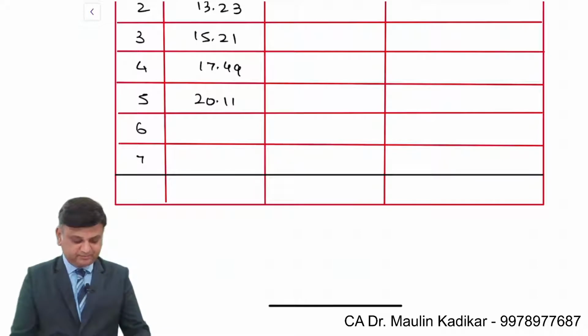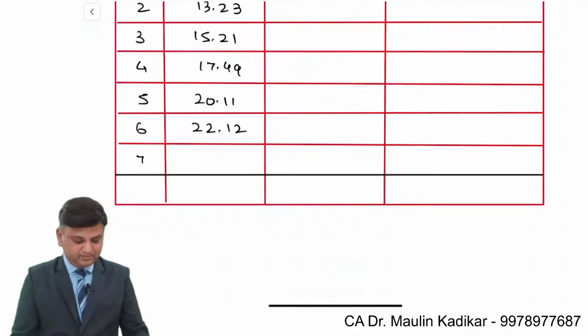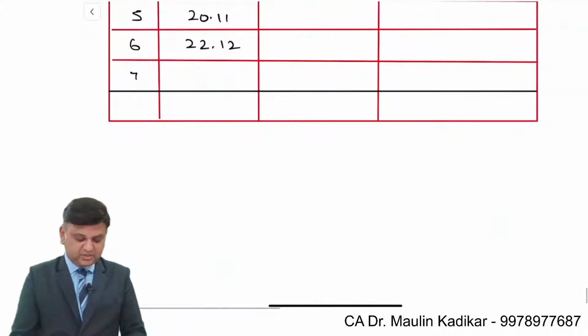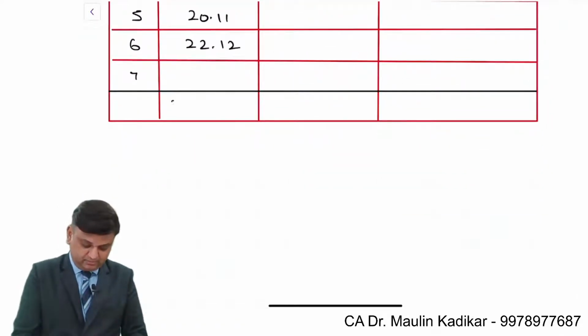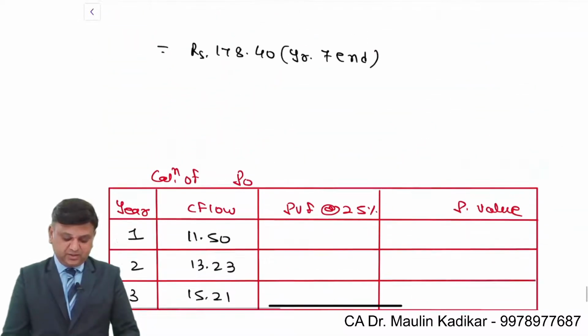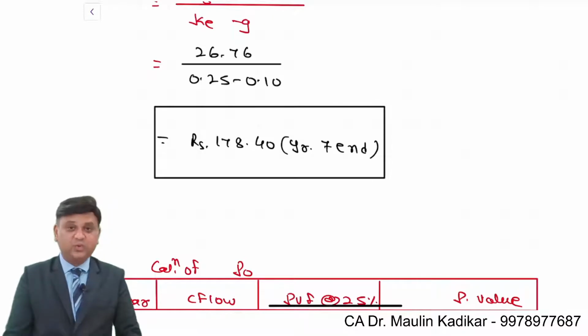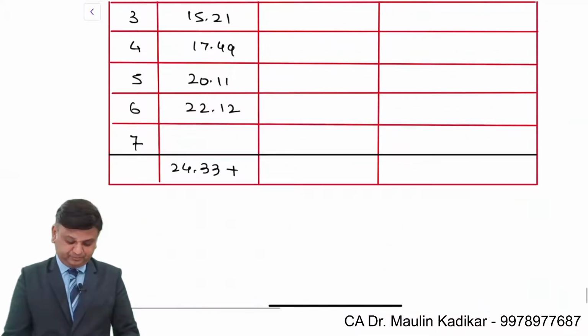Sixth year it is 22.12. Seventh year it is 24.33 plus P7. P7 stands for the price of the security at the end of the seventh year. That is an amount of 178.4.